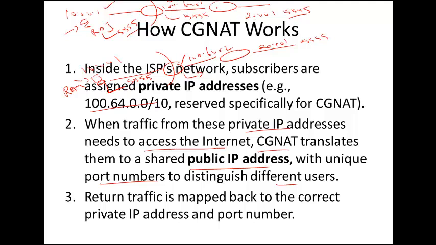Similarly here, translating from 10001 to this one, the same port number is maintained, 555. Now the conflict comes. If this connection already exists, then the CG NAT router will put some other number, 5556. But if the session is already closed, it will maintain the same port number, 5555.